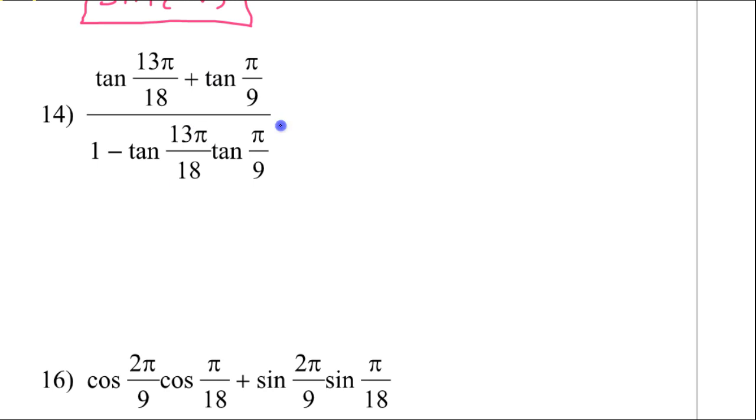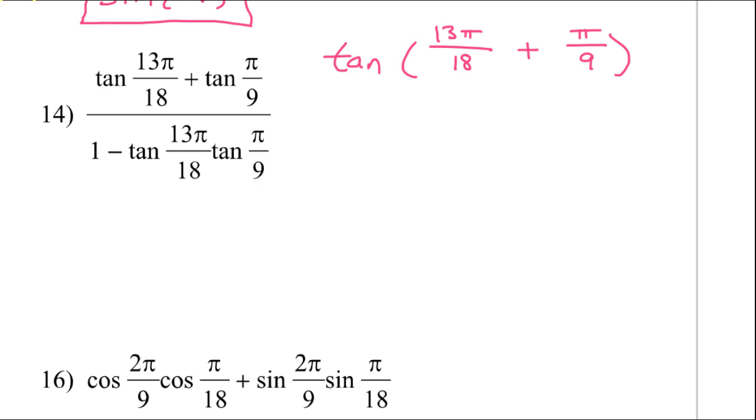So that tells me that it's going to be an addition problem. So this is going to be the same thing as tangent of the first angle, 13 pi over 18, plus the second angle, which is pi over 9. Alright, that matches the formula.